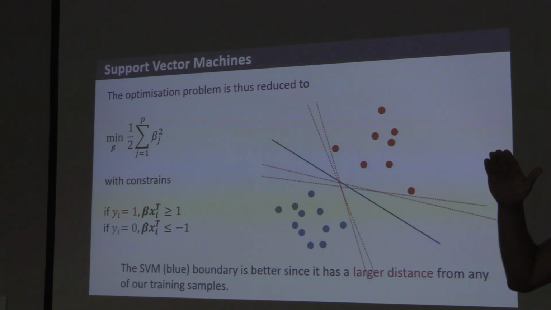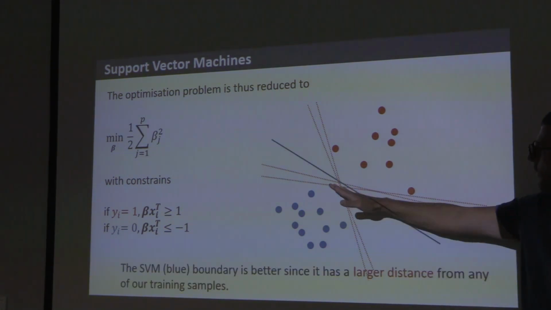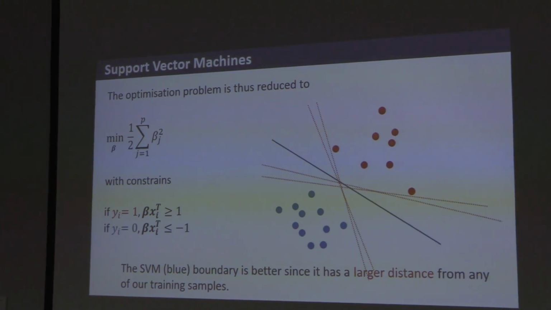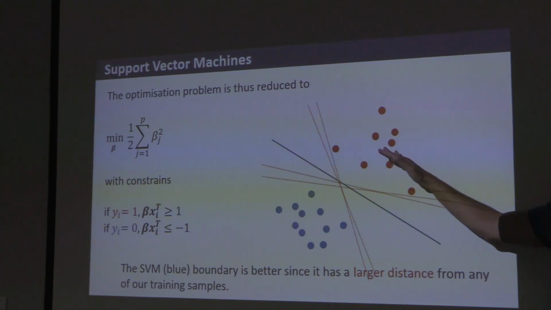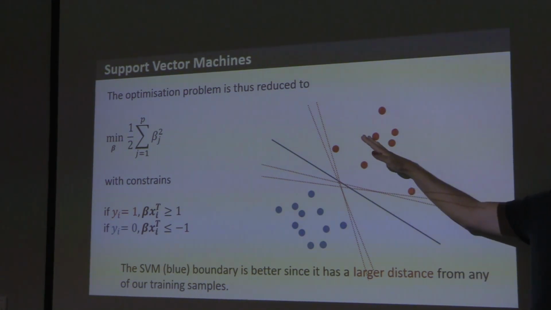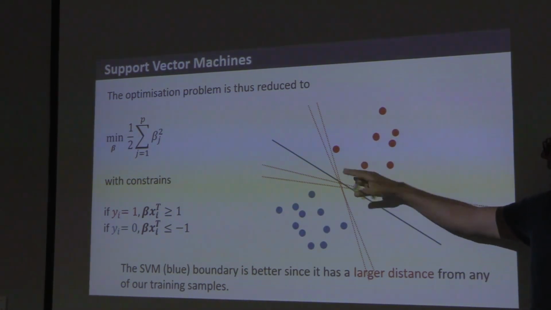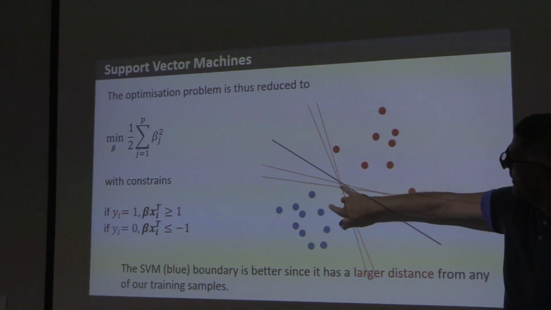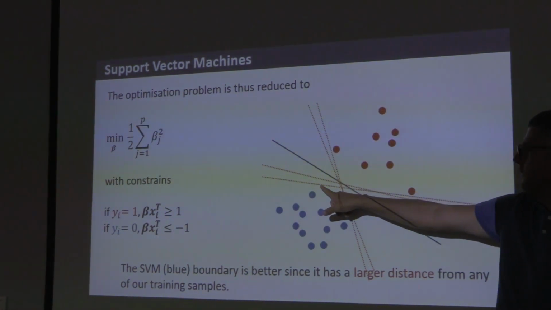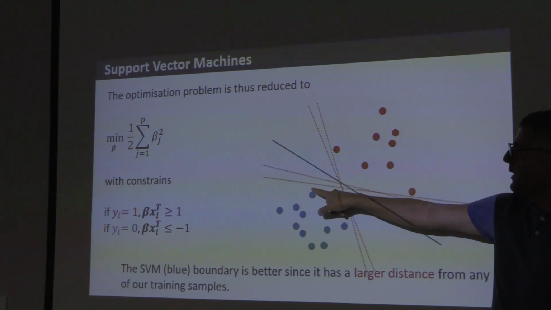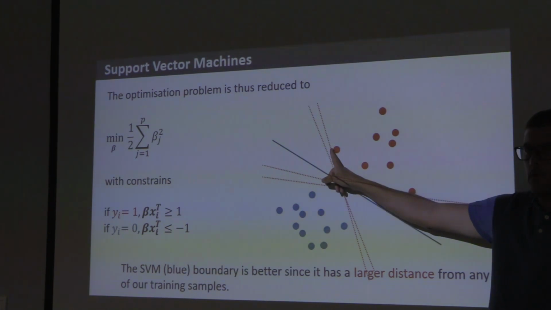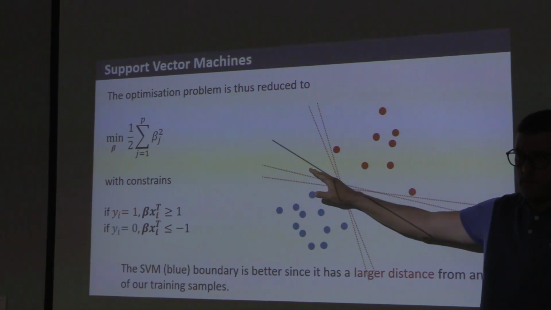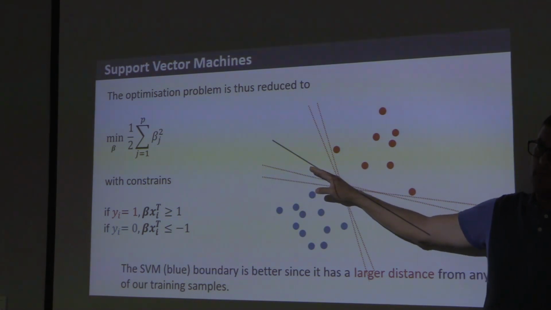So this is the decision boundary between the two classes which will probably be found by the support vector machine, because this is the one which maximizes the margin. This one is not, because here the margin is very low. And this one is not, because here the margin is very low. And this is probably the optimal one for the support vector machine.